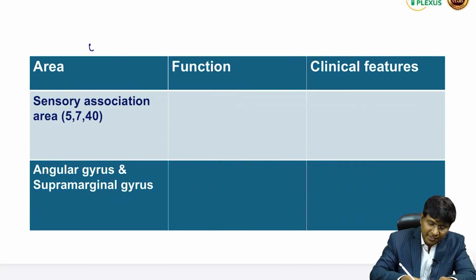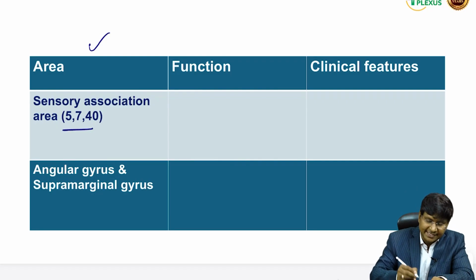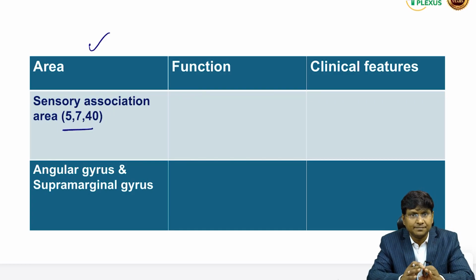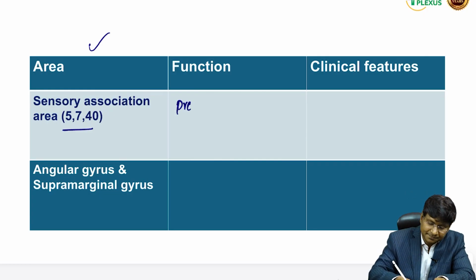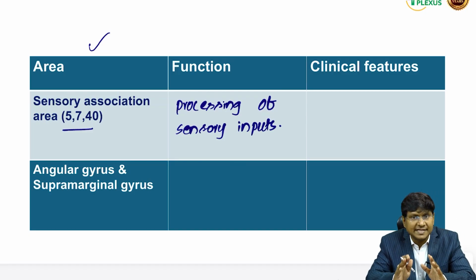And the next important area is the sensory association area, that is areas 5, 7 and 40. The function of this sensory association area is that it is required for the processing of sensory input for perception and recognition of general sensation.